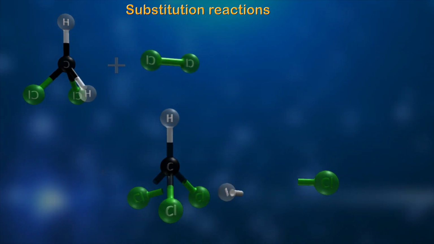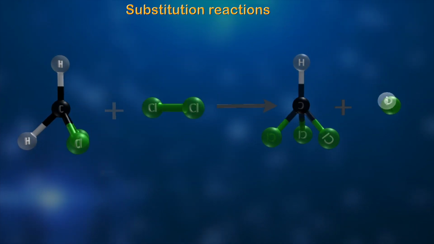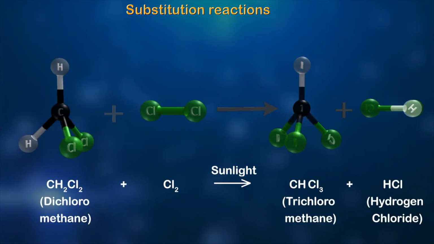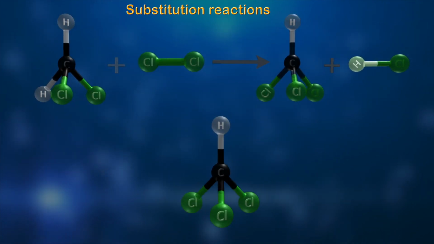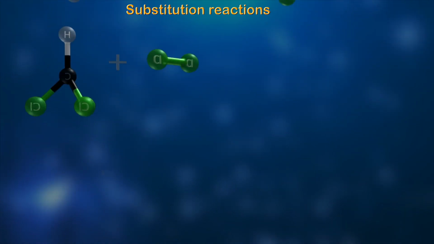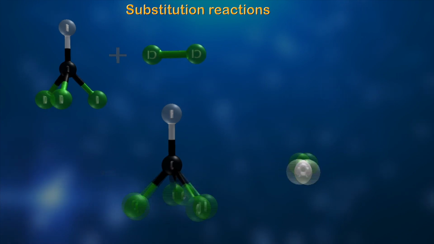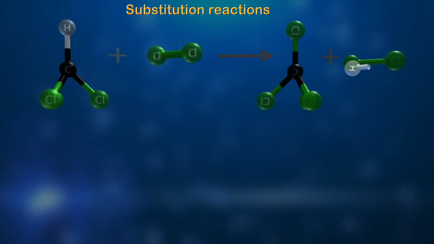Here, hydrogen atoms of dichloromethane are replaced by chlorine atom. Trichloromethane reacts with chlorine molecule to form carbon tetrachloride and hydrogen chloride. Here, hydrogen atoms of trichloromethane are replaced by chlorine atom.